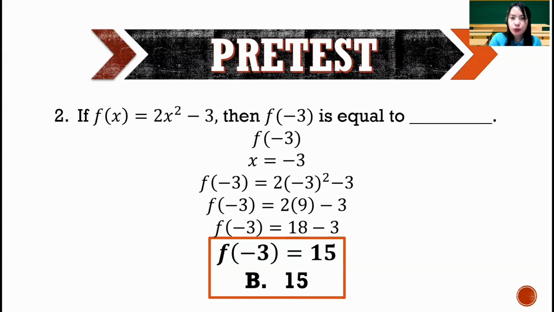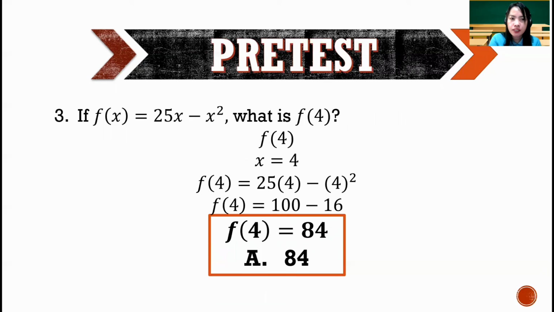In number 2, pretest, the answer is letter B. This is the complete solution for number 2. In number 3, the answer is letter A, 84. This is the complete solution for number 3 in the pretest.